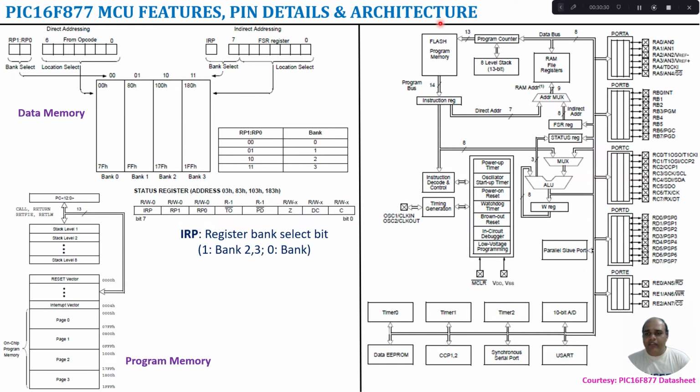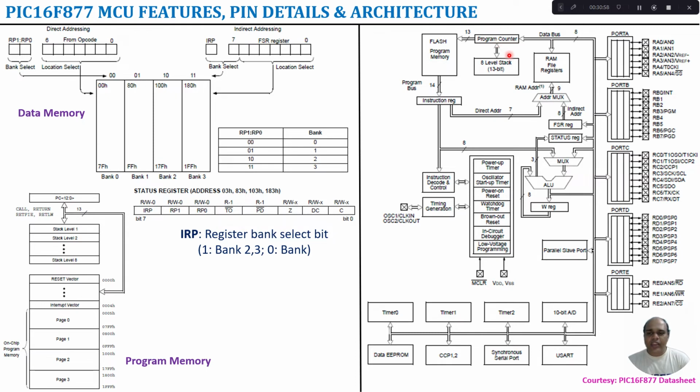Since I have a memory of 8K, it needs to be addressed by 13 bits. This 13 bits will be given by the program counter. The program counter points to the address of the next instruction which will be executed by the CPU.